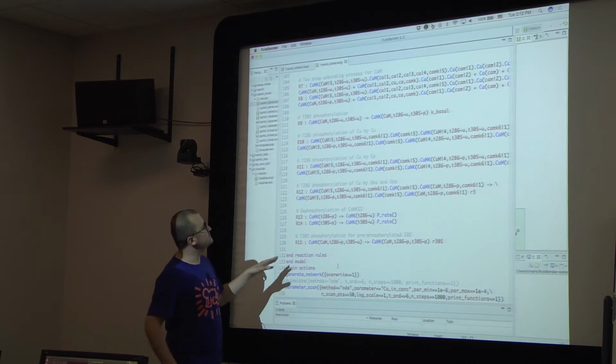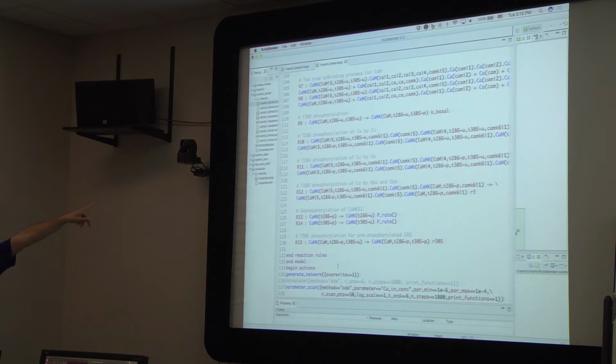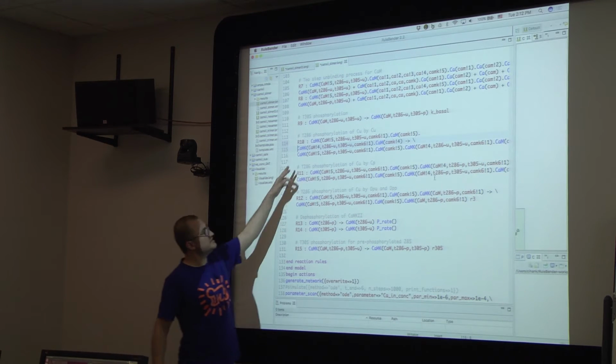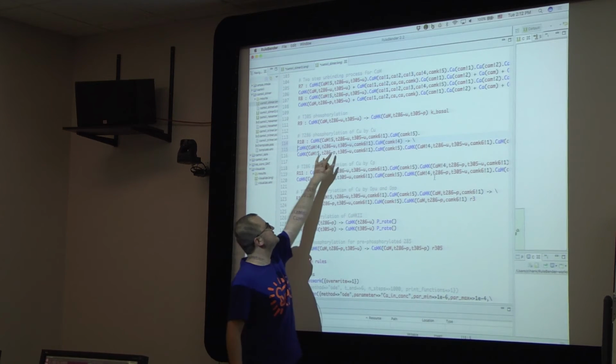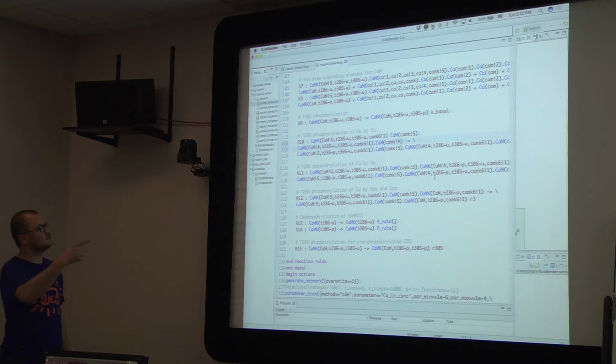And then we have, this is our first CaMKII. It is unphosphorylated on both sites, and the calmodulin is bound. And for our second CaMKII, this CaMKII also has a calmodulin, and it's unphosphorylated. So one subunit is phosphorylated by its neighbor, and its neighbor is in the CU state.